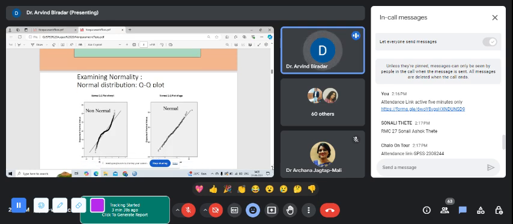In this image, the expected normal curve, if it is like this, here is a variation and here is also a variation, so this is non-normal. Expected normal values fall on the linear line. On the basis of this, you come to the conclusion that the data follows a normal distribution.